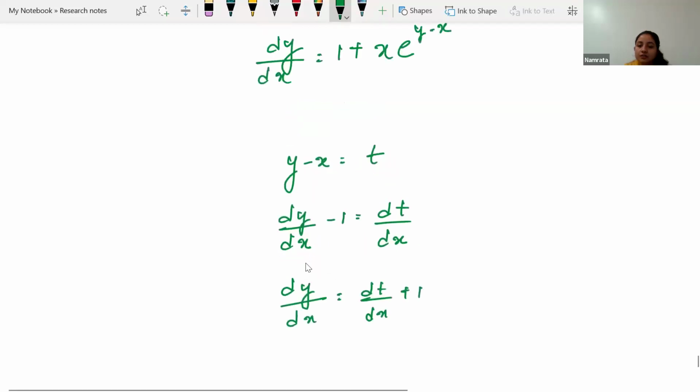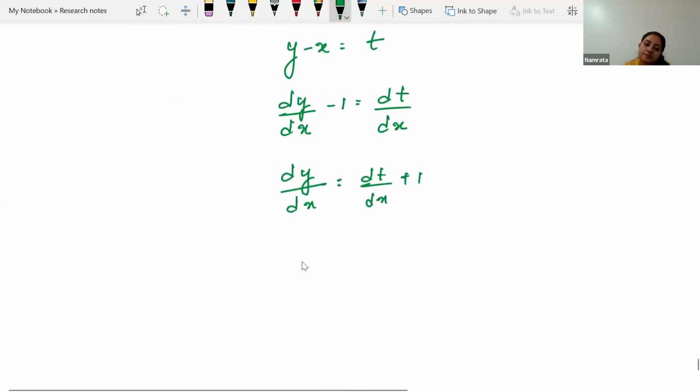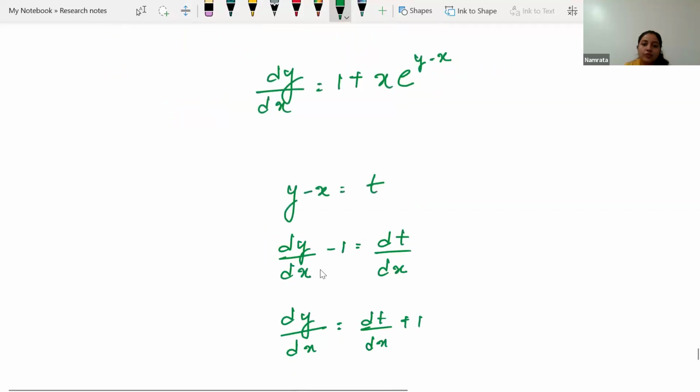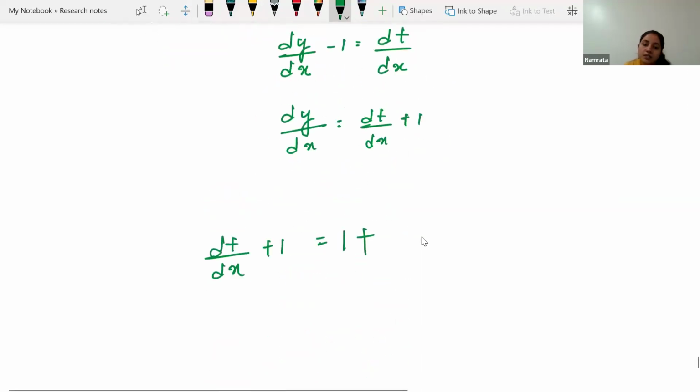Let's substitute it over here. dy by dx is equal to dt by dx plus 1 is equal to 1 plus x e to the power y minus x. Y minus x is t, so x e to the power t.